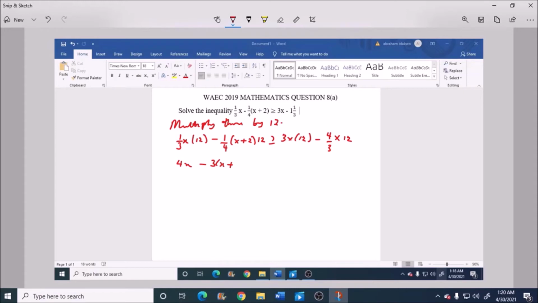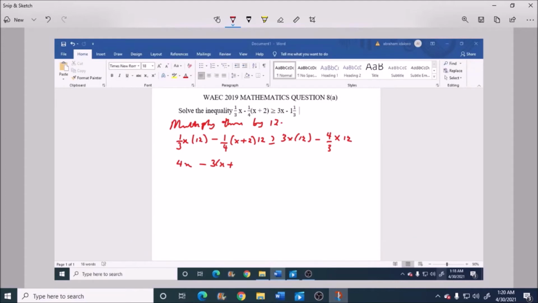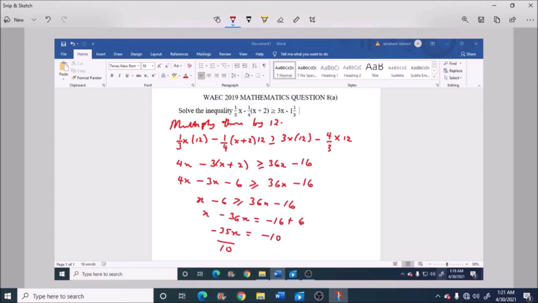Now x minus 36x is equal to minus 16 plus 6. So here is minus 35x is equal to minus 10. So we divide both sides by 35.